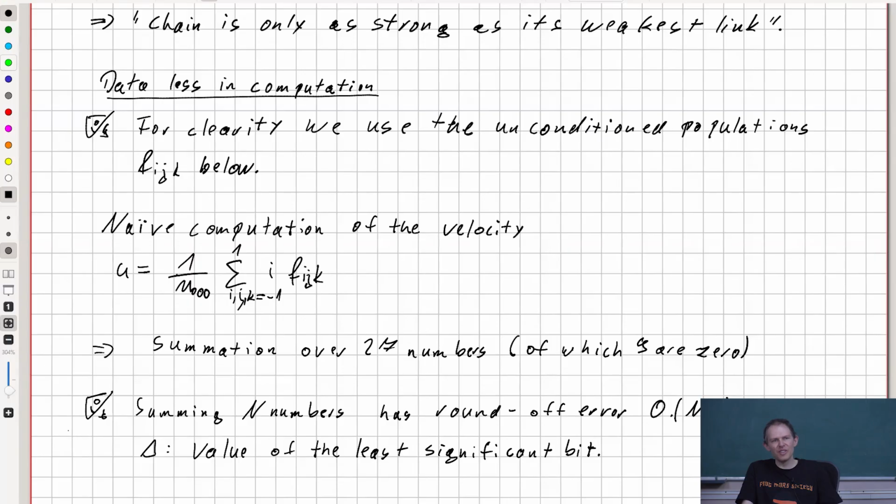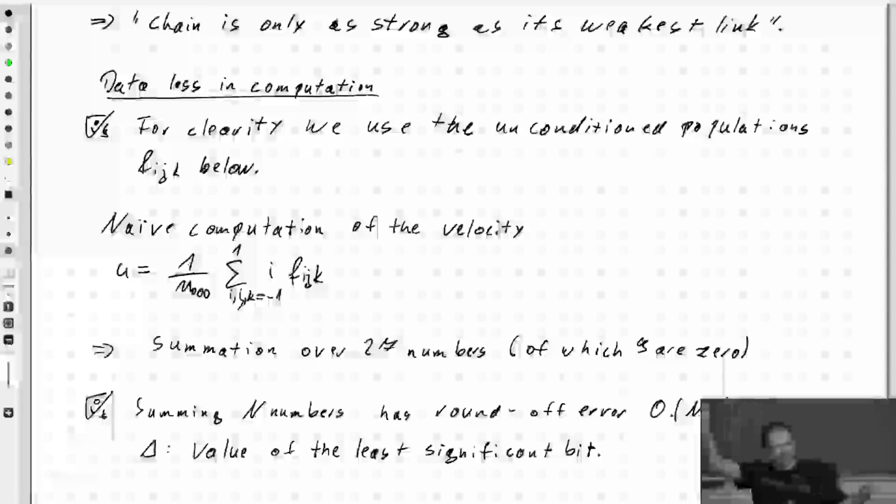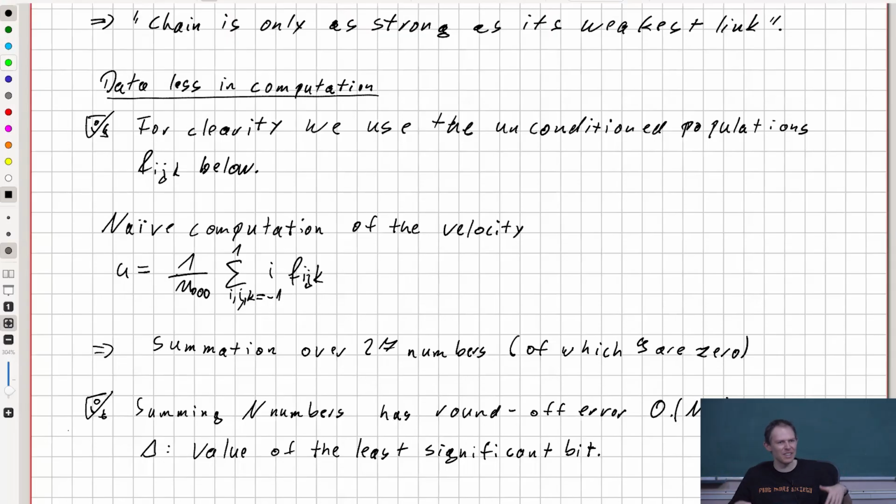And the n is also not very accurate here, because if we sum up n numbers, we do n minus 1 sums, right? So we could write n minus 1, but for large numbers, this plus or minus 1 doesn't make a big difference.